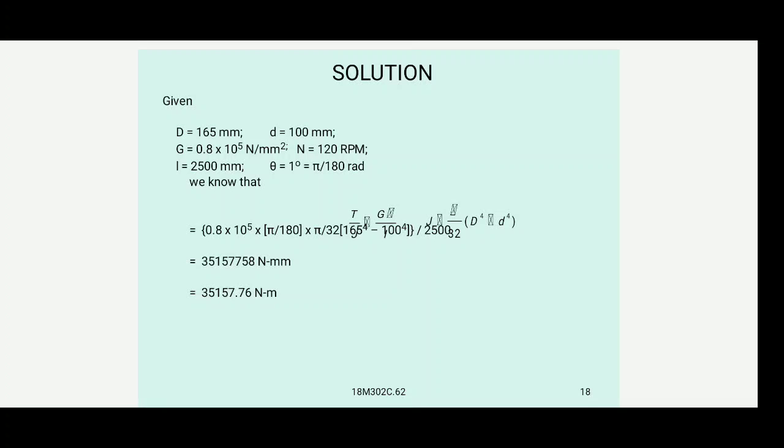We know that T by J is equal to G theta by L. That is, J is equal to pi by 32 into capital D to the power of 4 minus small d to the power of 4.